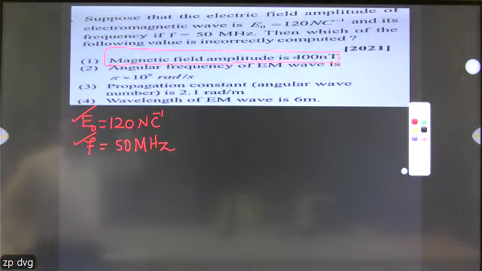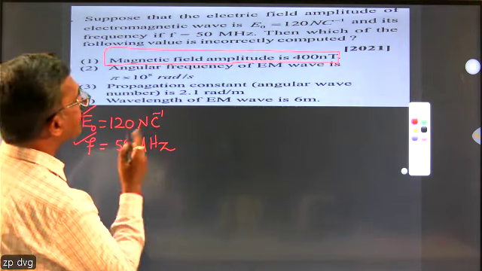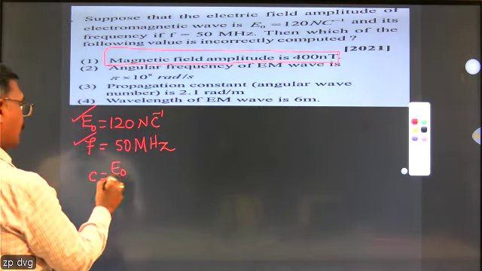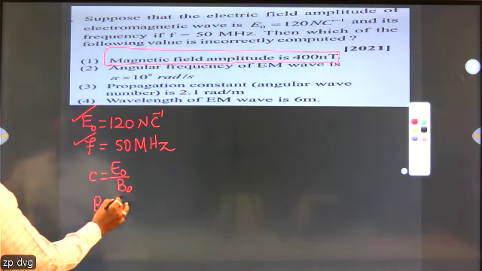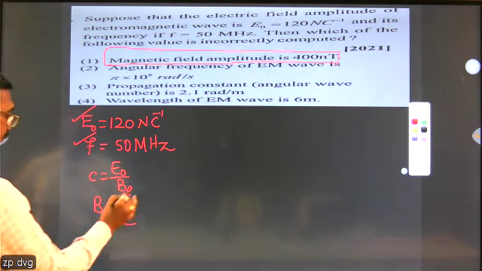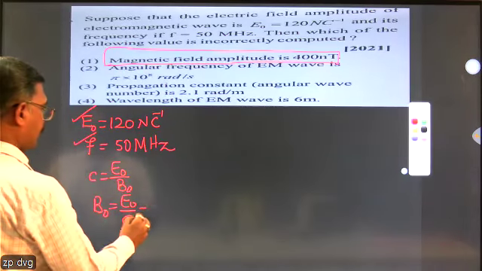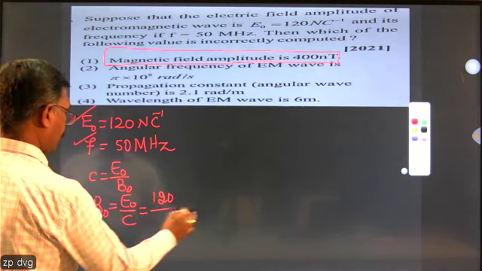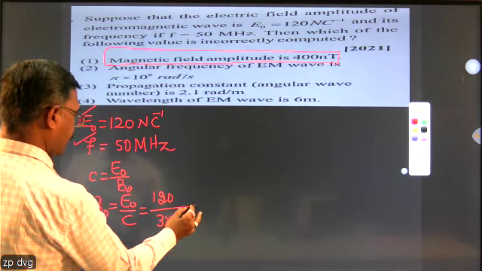How to calculate the magnetic field? You can use the same formula. C is equal to E naught by B naught. So therefore B naught will be equal to E naught by C. E naught is 120 Newton per Coulomb divided by C, which is 3 into 10 power of 8 meter per second.